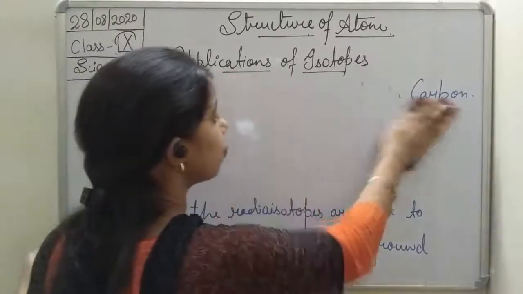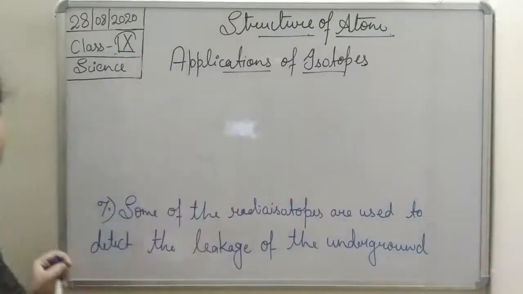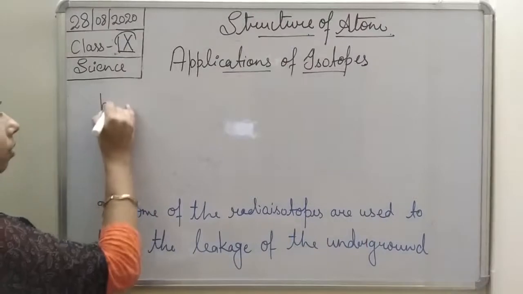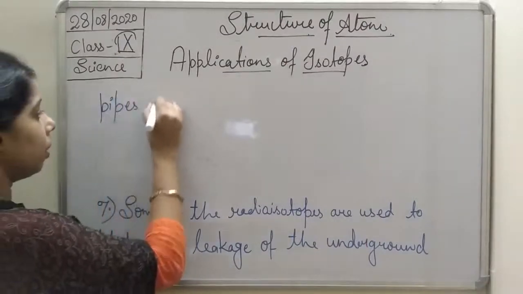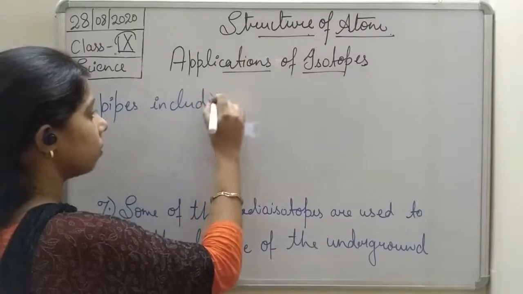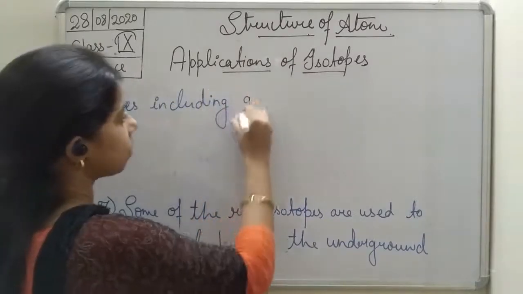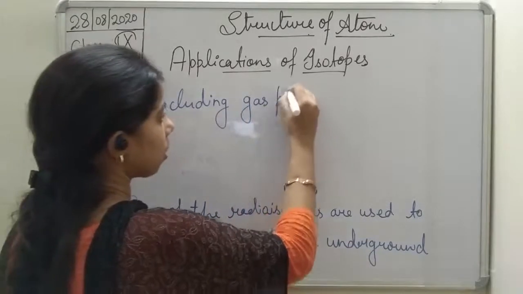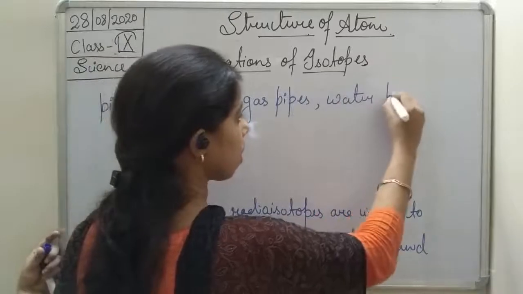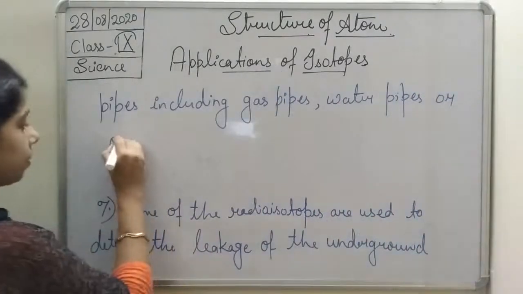These are useful in detecting whether there is any leakage in the pipe. So leakage of underground pipes, including gas pipes, water pipes or oil pipes.